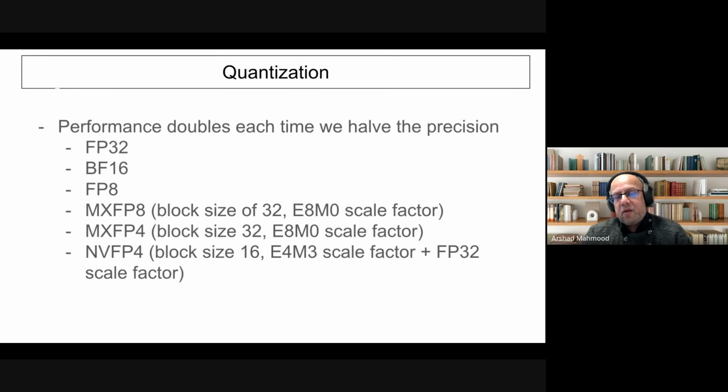These lower bit formats have scale factors, and NVFP4 is particularly interesting because of the way it does it. You can get pretty good performance, up to 80% of the precision of your full FP32, from these low precisions. And the performance is massively improved, because with NVFP4 you potentially get 8x the performance of FP32. So these are super important to know.